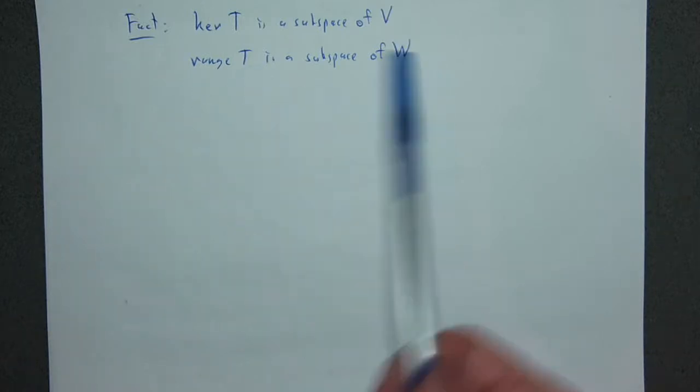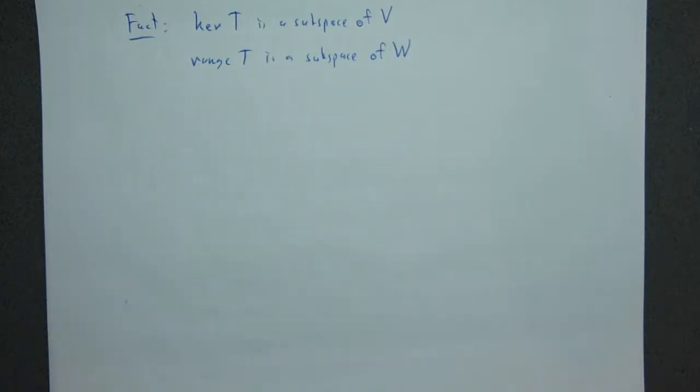And if the range of T is all of W, then T is onto.